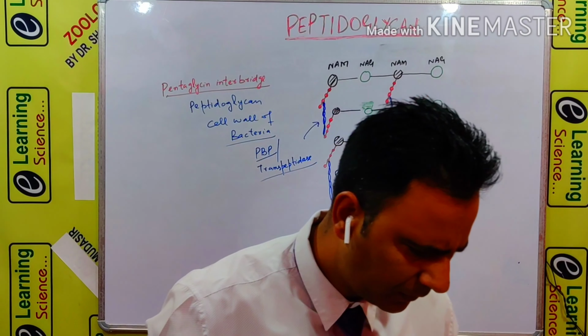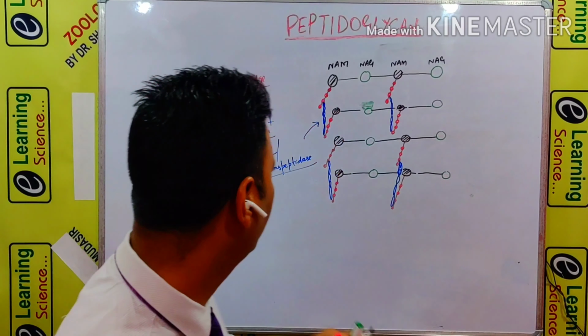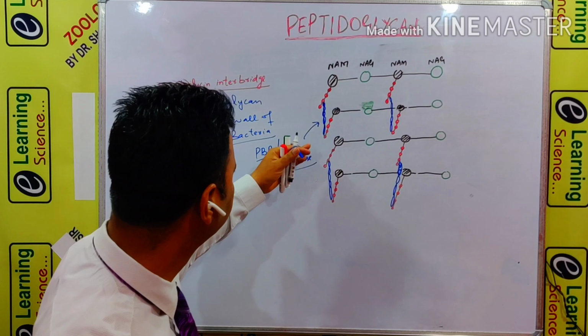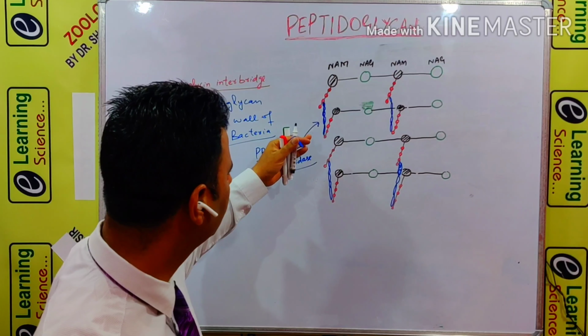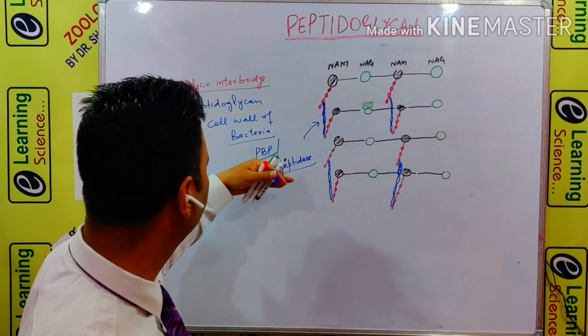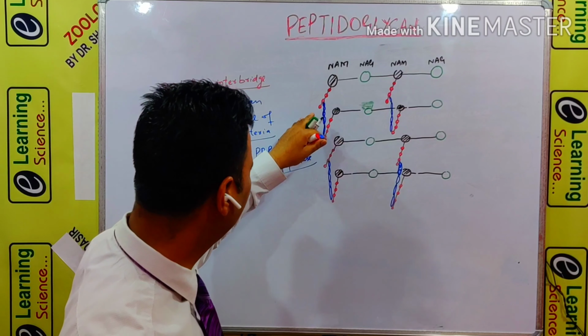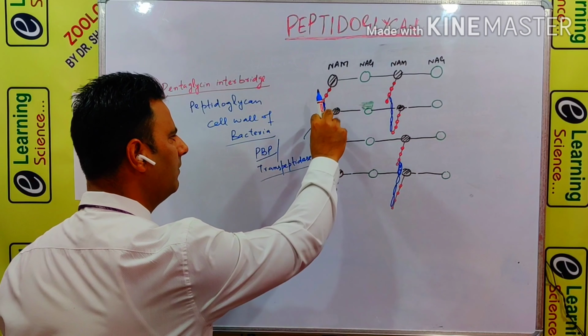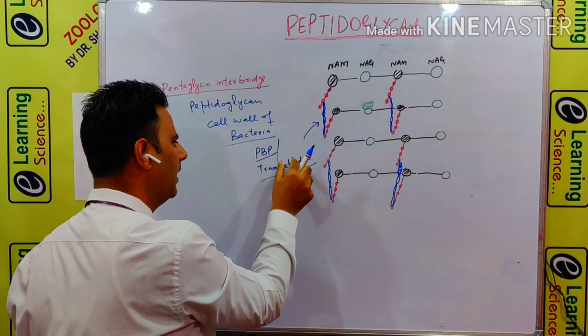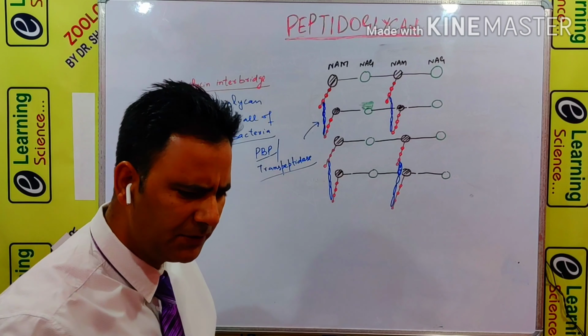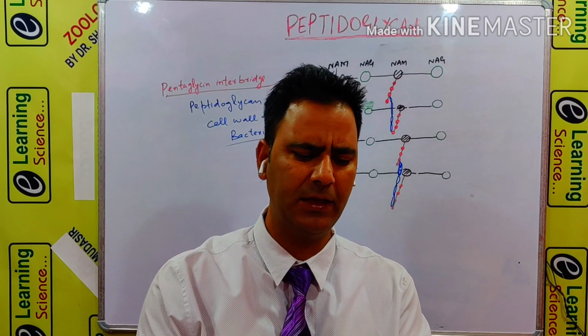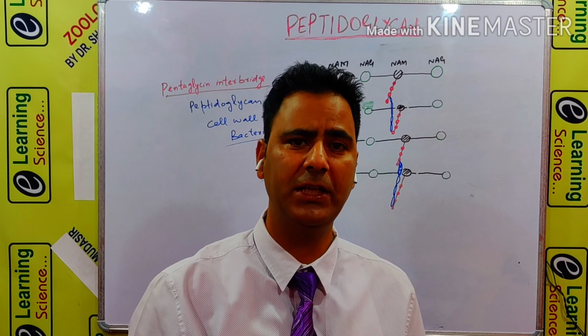For making the cross-linking of the two peptidoglycan chains, the cross-linking is provided by the pentaglycin interbridges, and for this activity we require one enzyme known as penicillin binding protein or transpeptidase. This way the bacteria is forming the cell wall, and cell wall is a stable structure of bacteria.